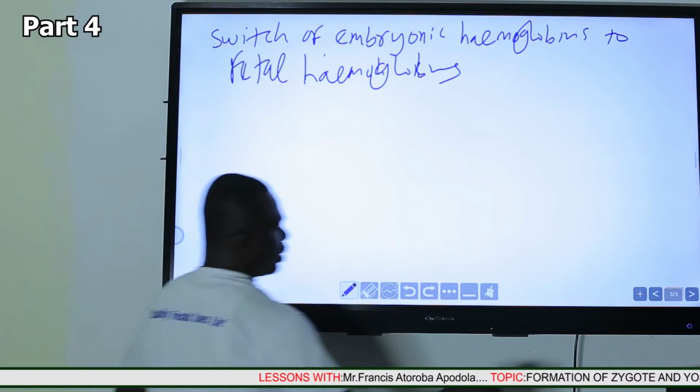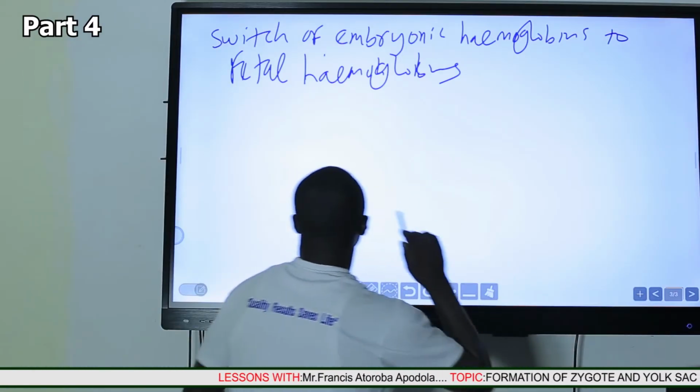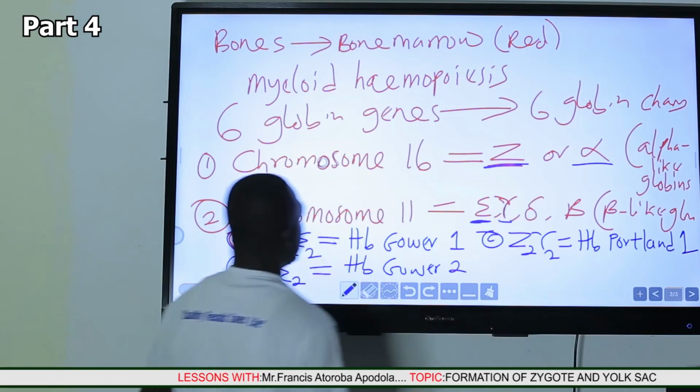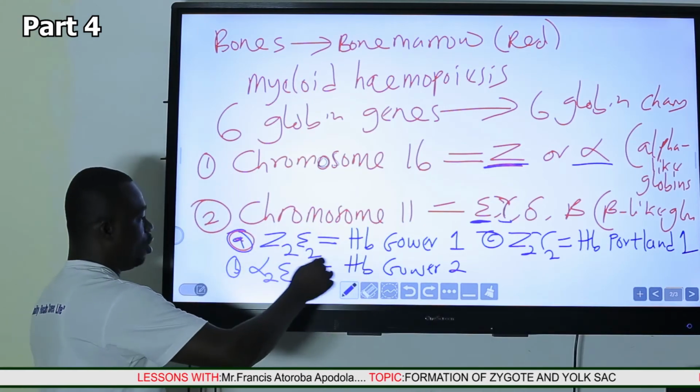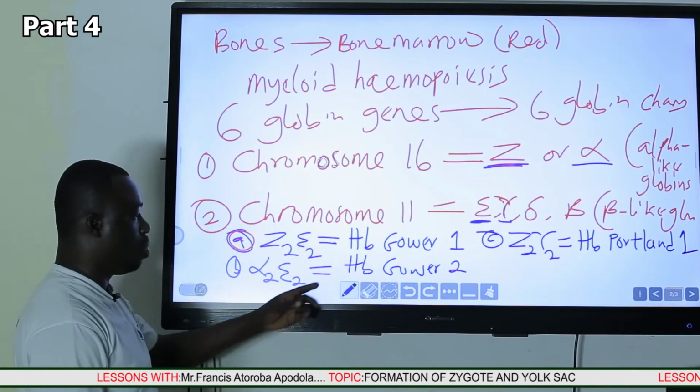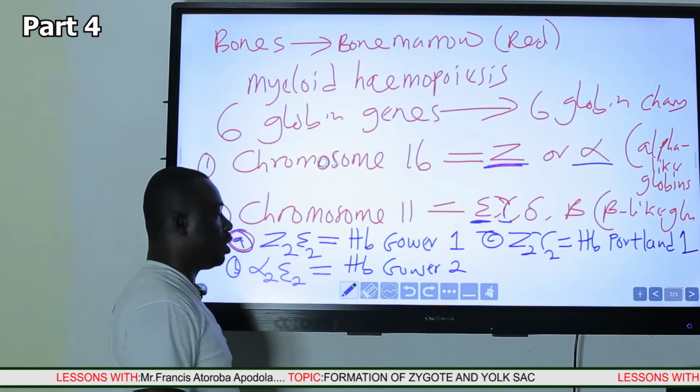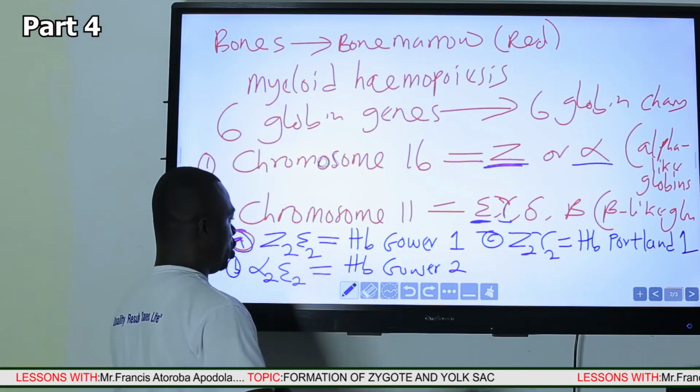This means that for the embryonic hemoglobins, Gower 1, Gower 2, and hemoglobin Portland, there will be a switch.